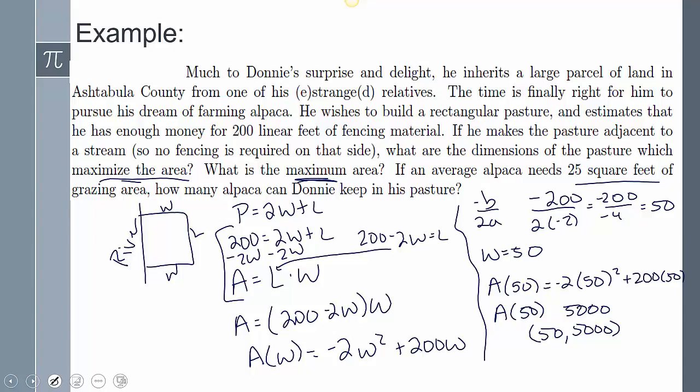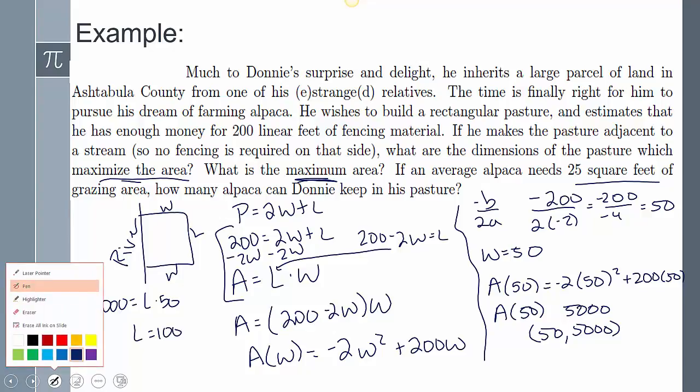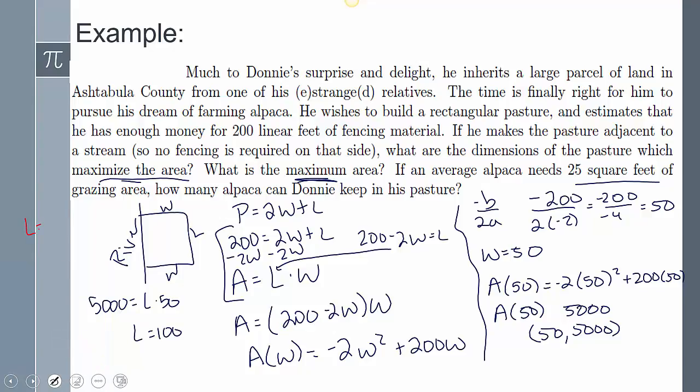The first question is, what are the dimensions of the pasture which maximize area? I need to find what the dimensions are first. If I know that my area is 5,000, and that's going to be length times my 50 width, I have to take that 5,000 and divide it by 50, so my length is going to be 100. So my length is going to be 100, and my width is going to be 50.